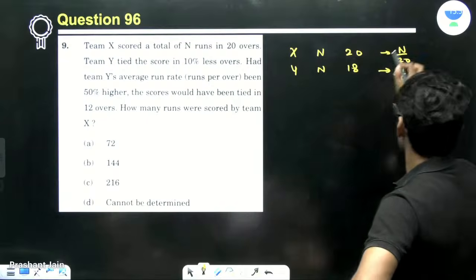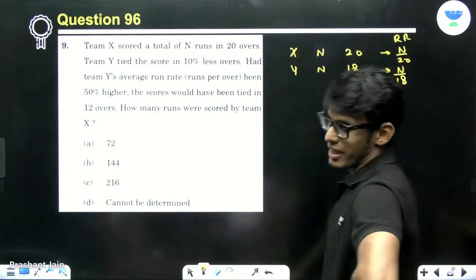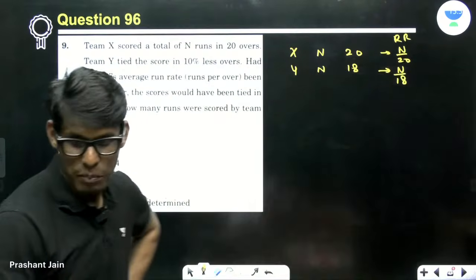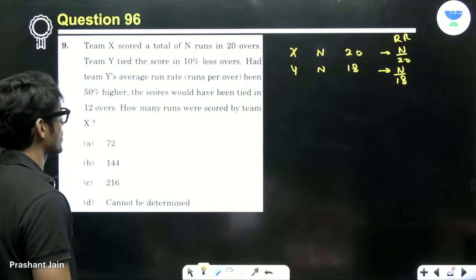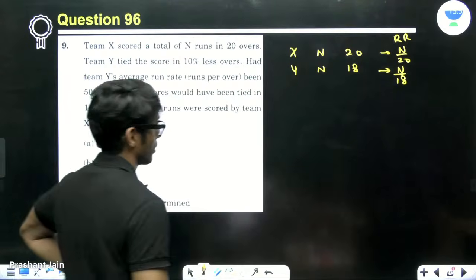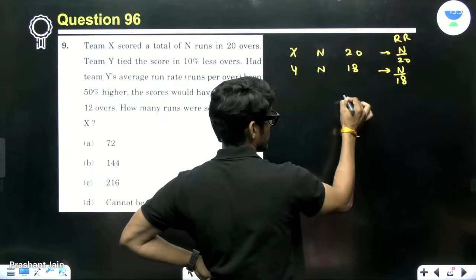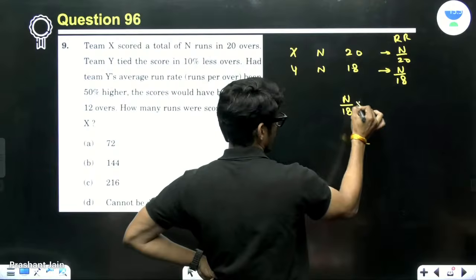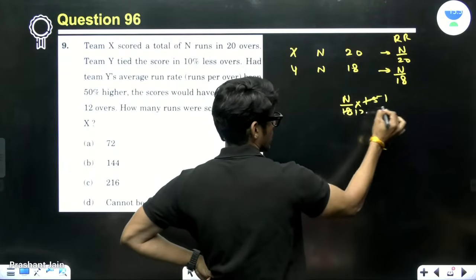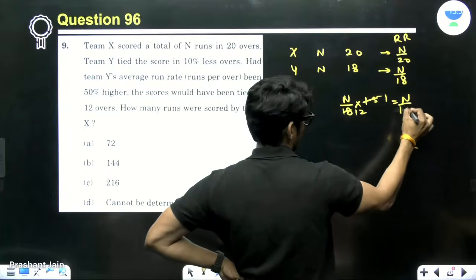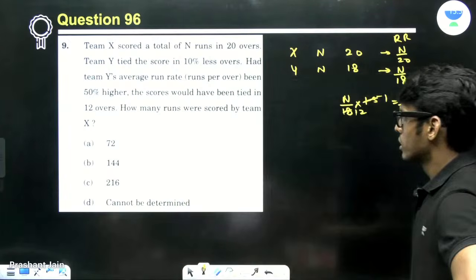Okay, this is run rate. Basic knowledge of cricket is required here. Had team Y's average run rate been 50% higher, 50% higher means 1.5, right? So this becomes n by 12, right?